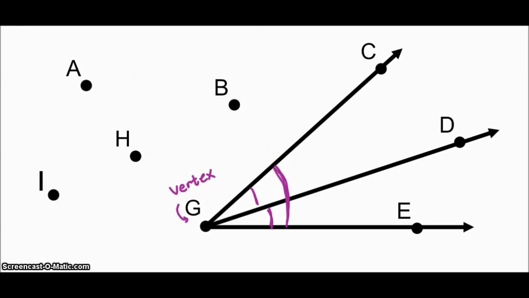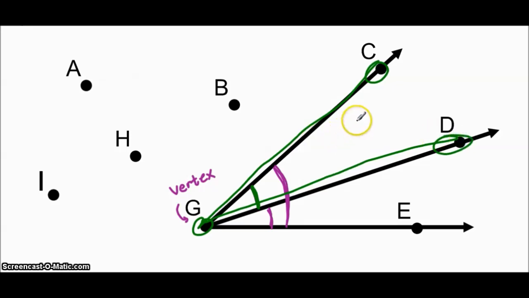Instead, what we're going to do is use three letters to denote our angle. So for example, if you pick this angle right here, I'll make it green now, you're going to call it angle CGD. So this is angle, use a little angle symbol, CGD. If on the other hand you picked this smaller angle down here, well, that's going to be angle DGE.